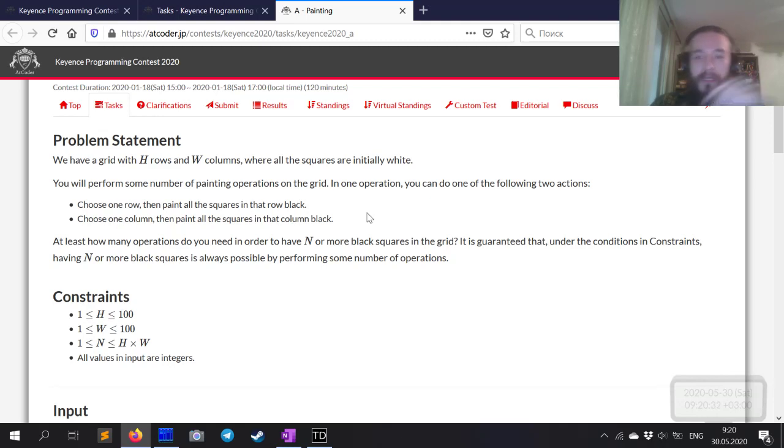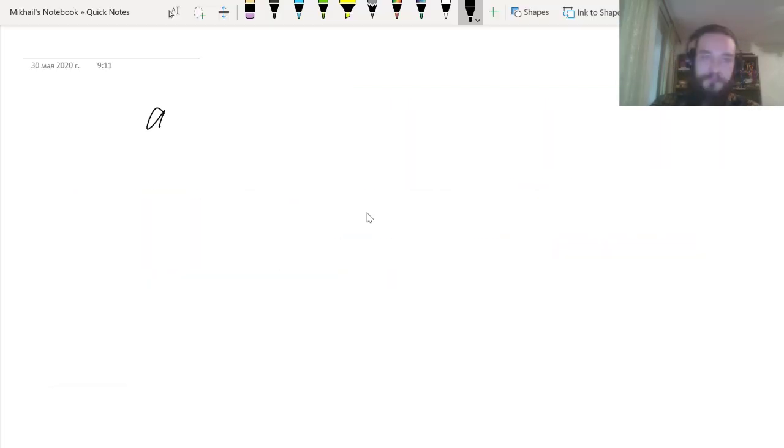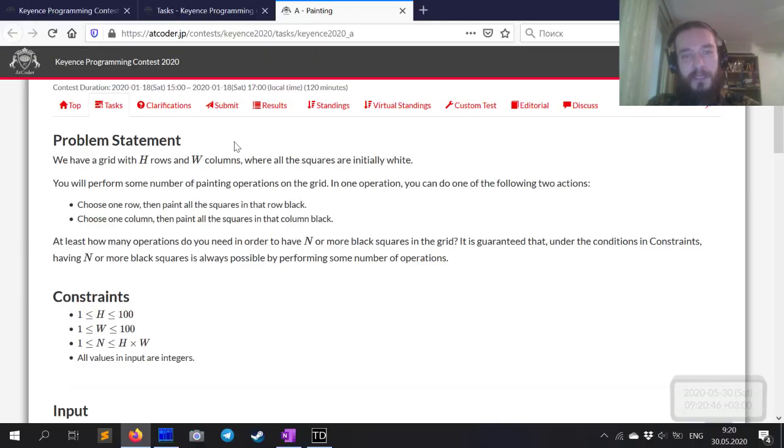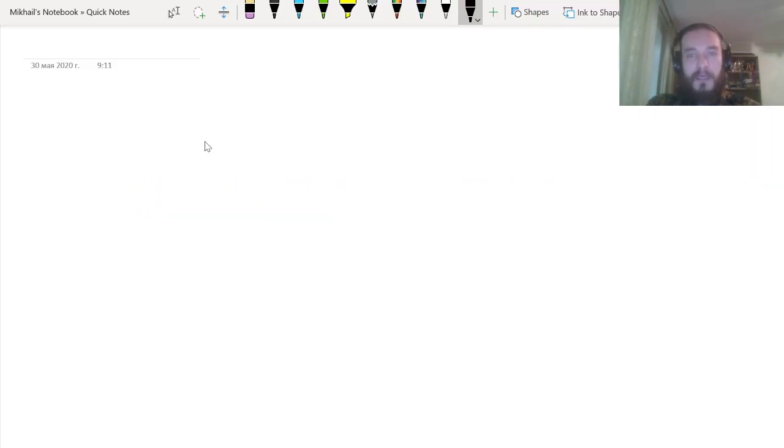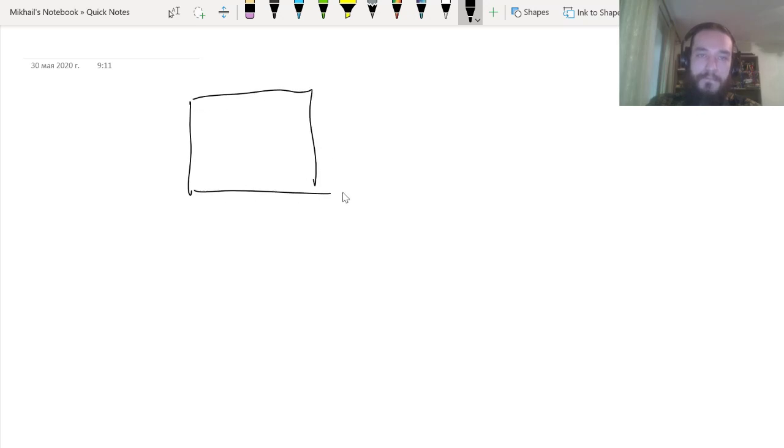All right, so let's think about it. This is quite an easy problem. If it's not obvious to you how to solve it, pause and try to solve it for yourself before I go to explaining this. So we have this grid. It has H rows, W columns.